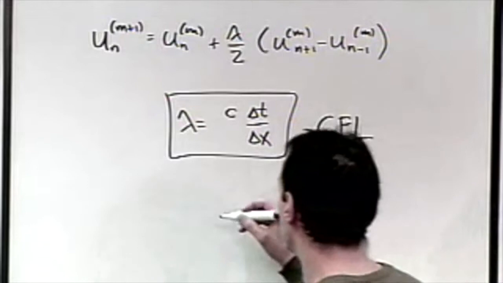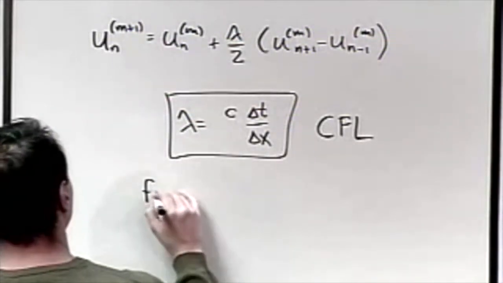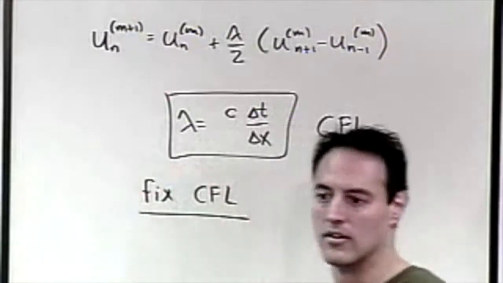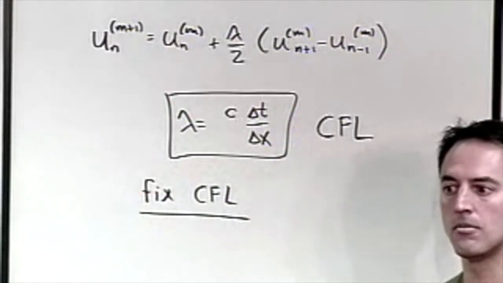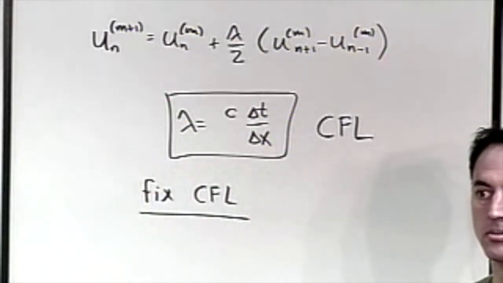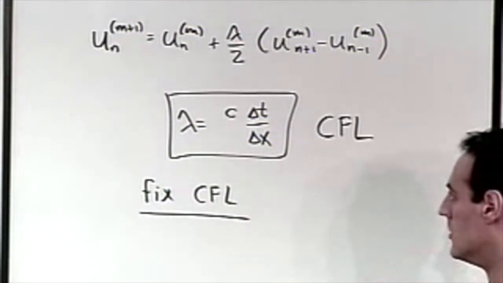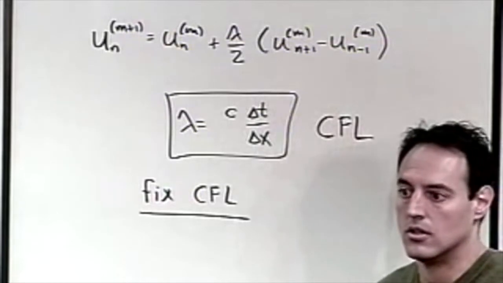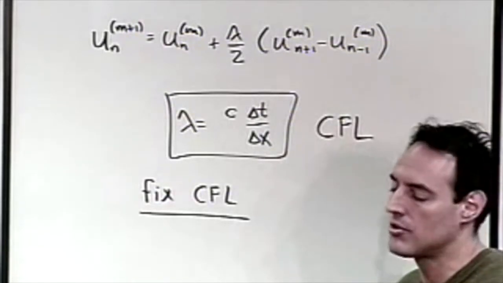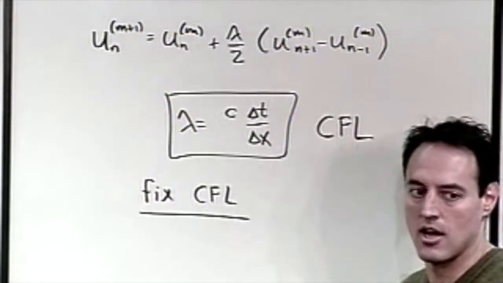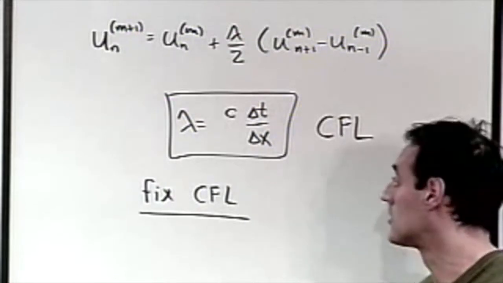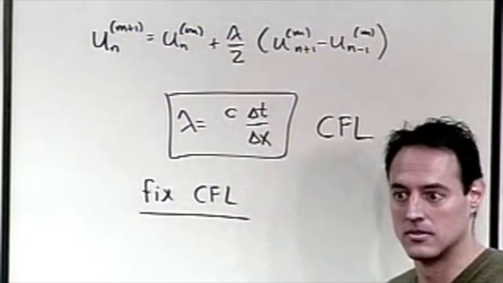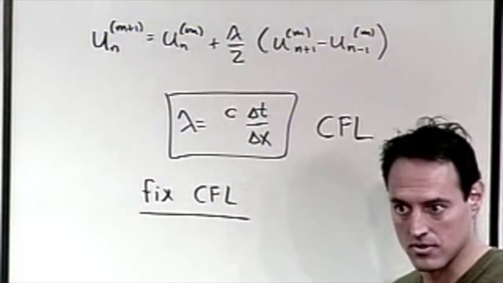And the idea, again, is you fix your CFL. For a given scheme, often you know what the CFL stability criteria is. You run it, and you have to maintain this. Notice, however, if you want to take smaller steps in time, you can then go with less resolution in space. So that's one thing.